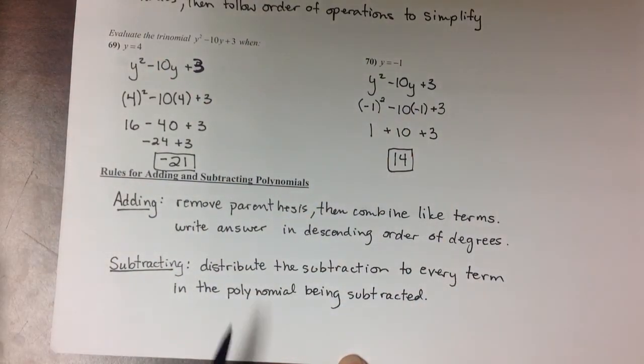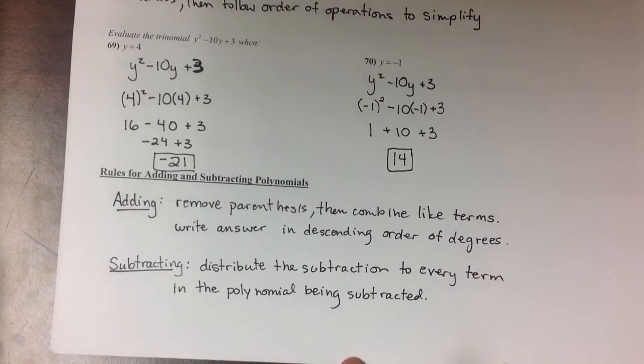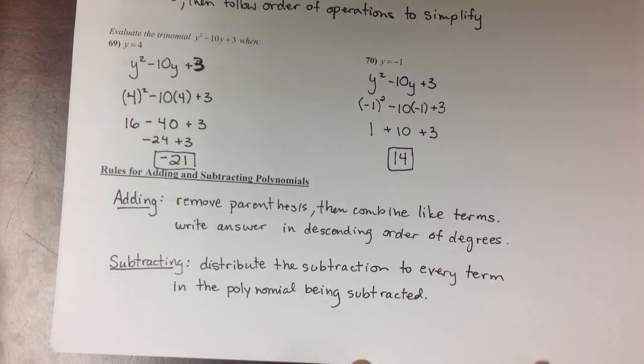Okay? And once you've distributed that negative over the polynomial that comes behind it, then you're just going to follow the same rules that you followed for adding.